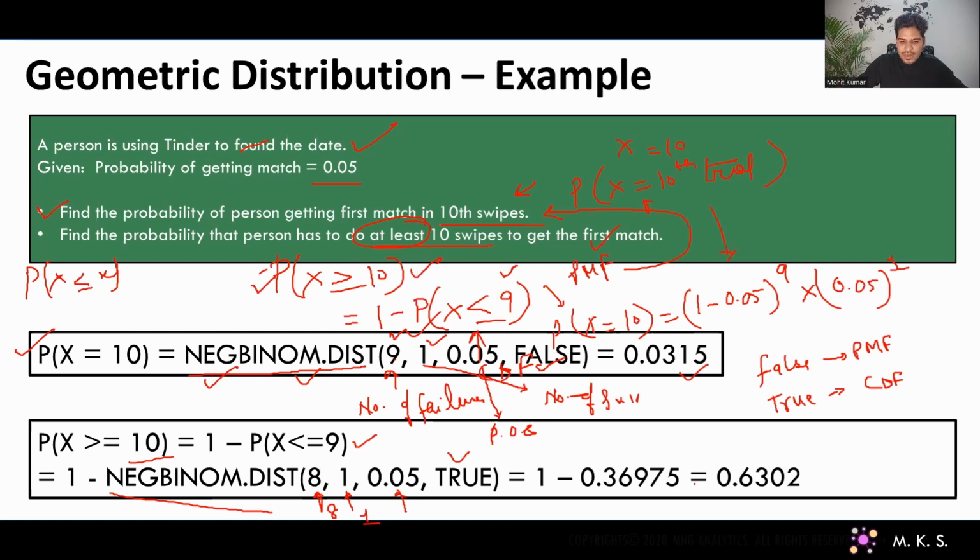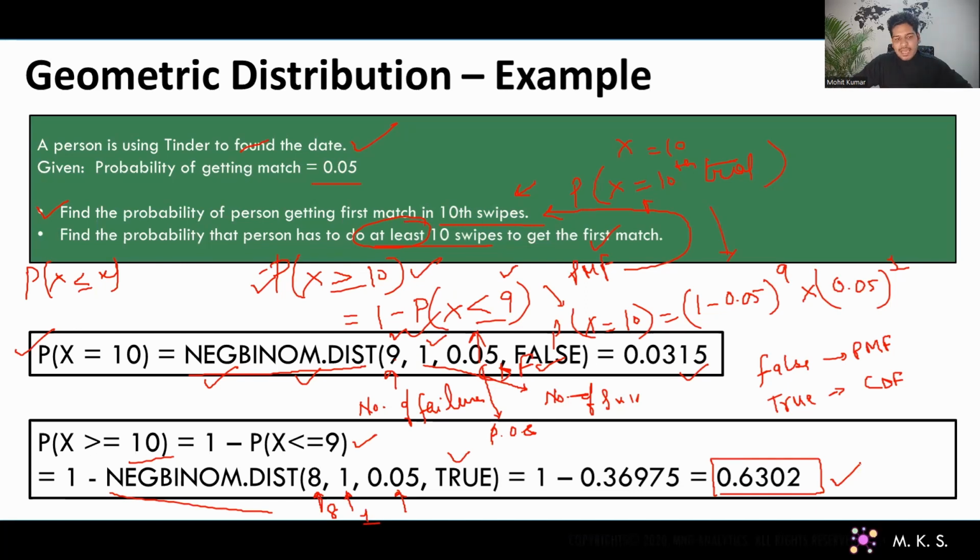So 1 minus 0.3698 gives 0.6302. So there is a 63% probability that you have to perform 10 or more swipes to get your first match with this probability of success, right? So 63%. So that's how you use geometric distribution mathematics in the real world, guys.